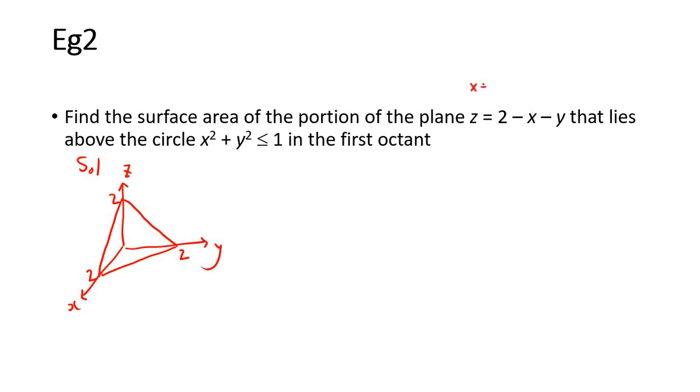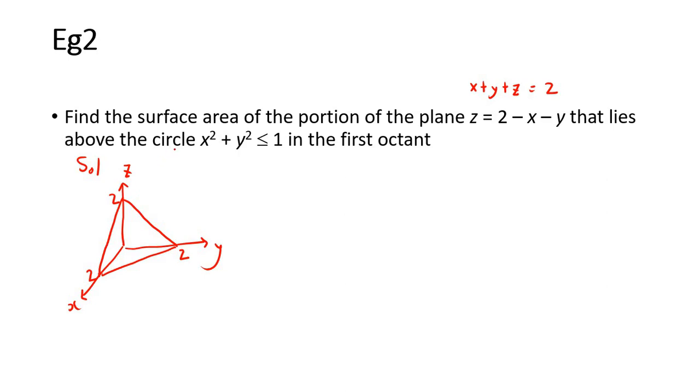We put back x + y + z = 2. When y and z are 0, x is 2. When x and z are 0, y is 2. Compared to the first example just now, the surface area actually represented the whole slanting triangle.